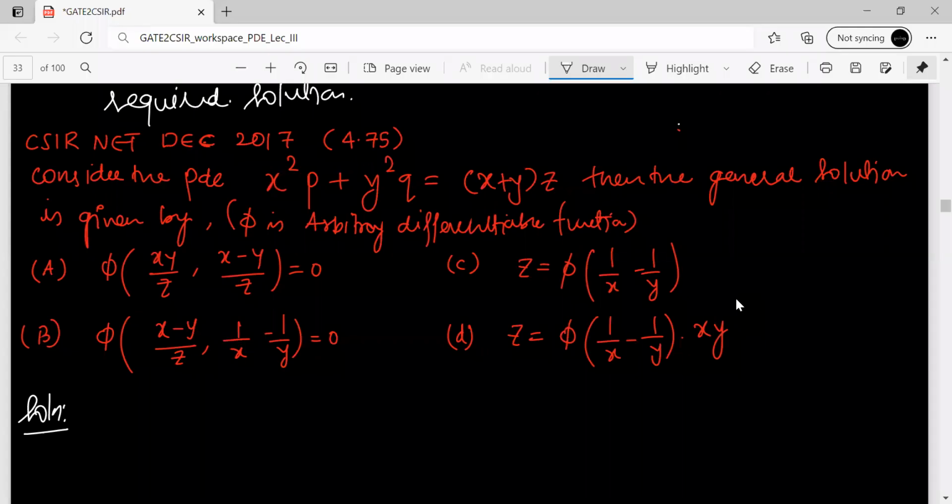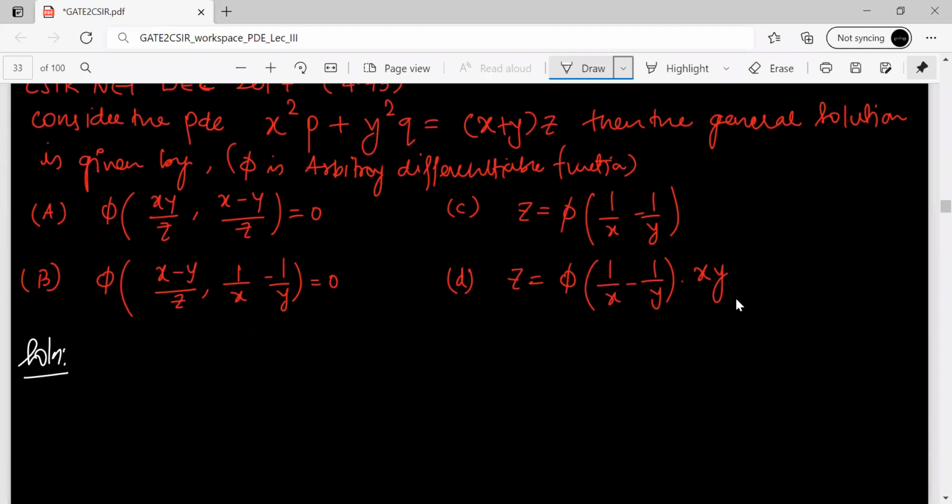Now, I'm taking one problem from CSIR NET December 2017 for 4.75 marks, and we will try our hands on this problem. So let's consider you are given x square p plus y square q equals z times x plus y.